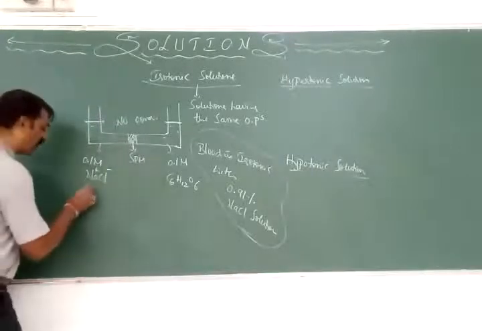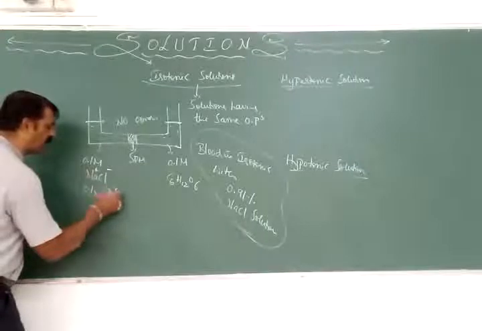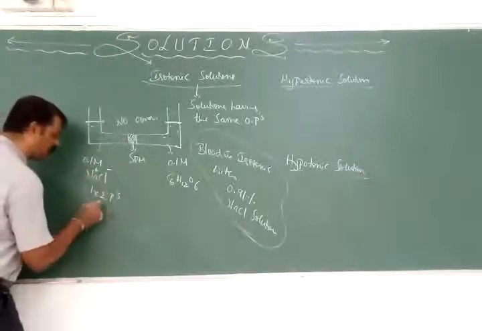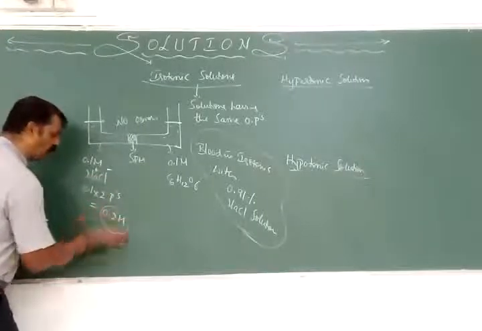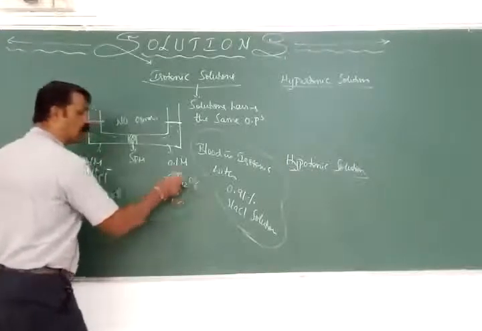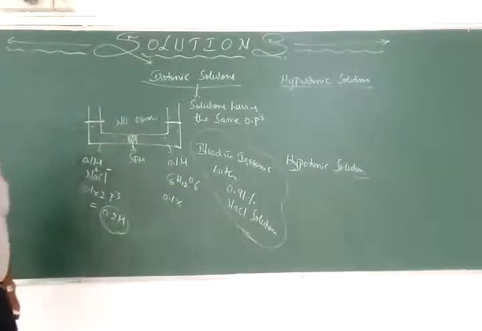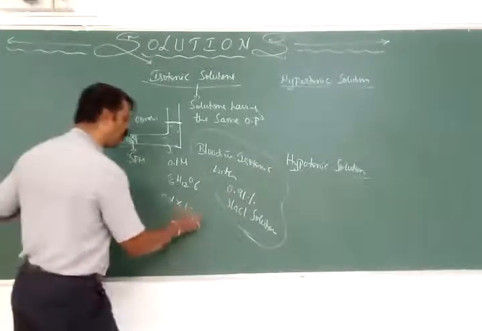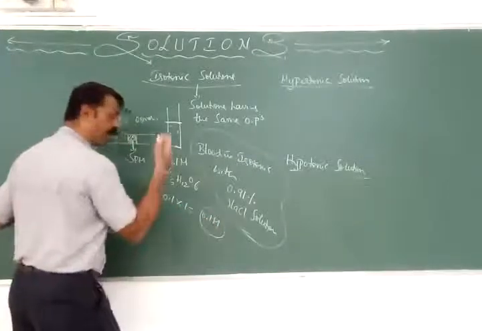So here it is 0.1 into 2 particles, Na+ and Cl-, that is equal to 0.2 molar. Glucose is a non-electrolyte, it doesn't get ionized, so the number of particles is 1, that is equal to 0.1 molar.